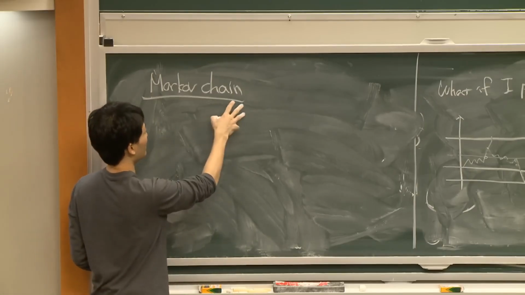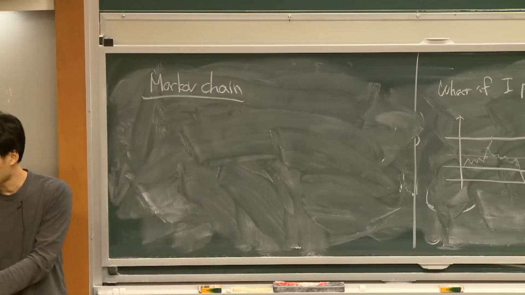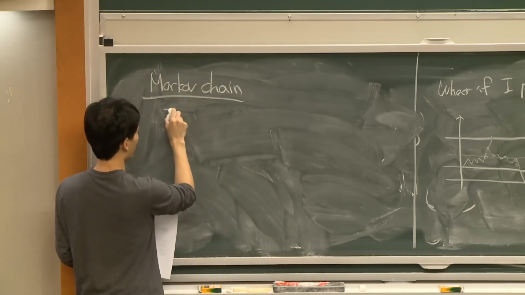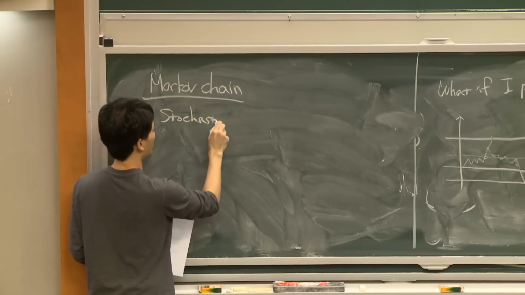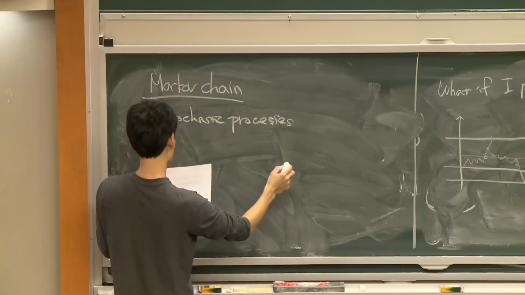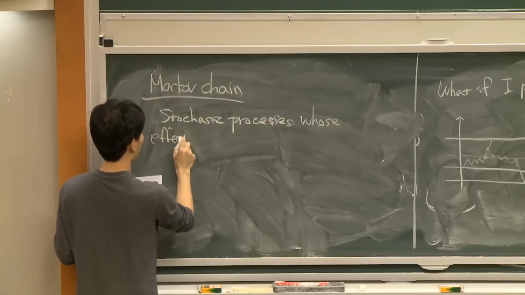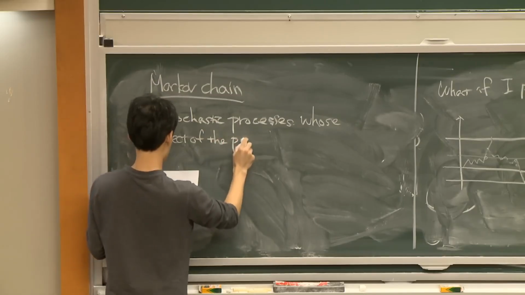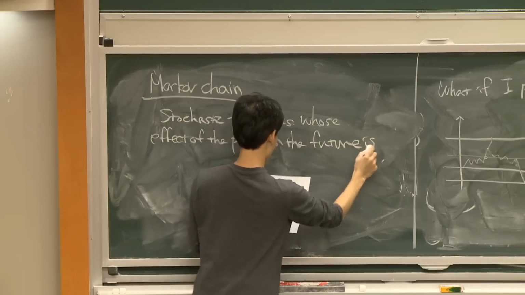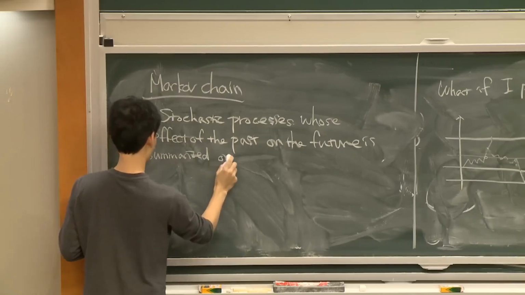A stochastic process is called a Markov chain if it has some property. And what we want to capture in a Markov chain is the following statement. These are a collection of stochastic processes having the property that the effect of the past on the future is summarized only by the current state.